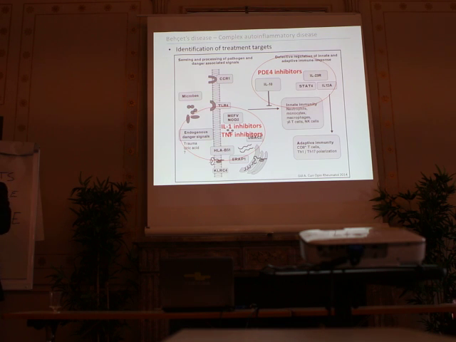So we have a defect in the regulation of innate and adaptive immune response with less production of IL-10, which is causing less suppression of inflammation, or an imbalance between IL-12 and IL-23, which is causing a certain type of polarization of T cells.